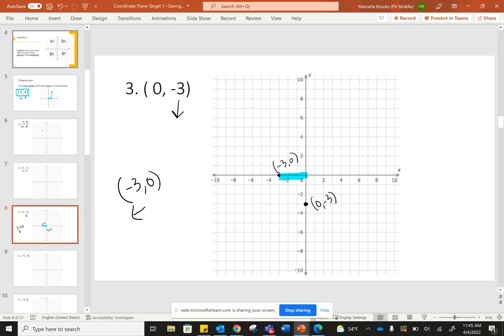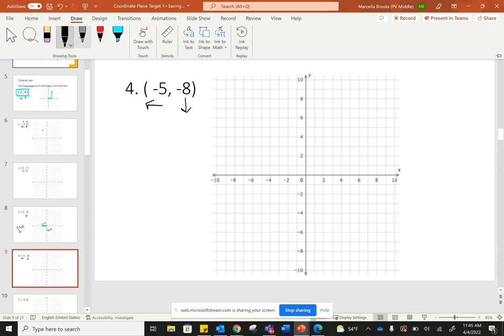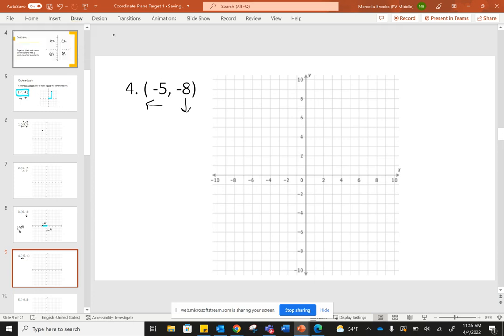What else? Okay, let's do this one. So here we have 2 negatives. So that means I'm going left and down. We always start at 0, 0. That means I'm going left 5 and down 8. Not a straight line, but oh well.